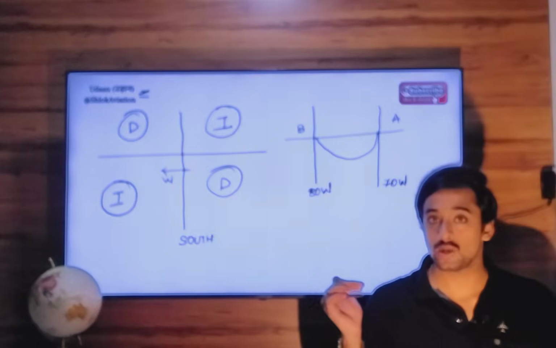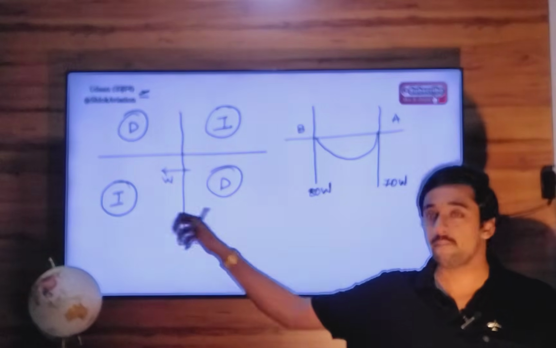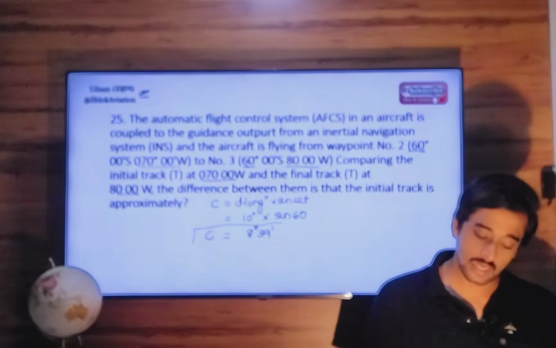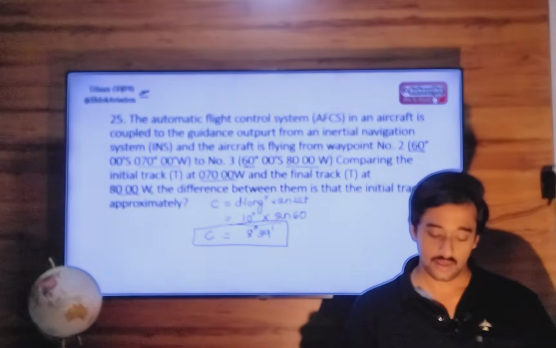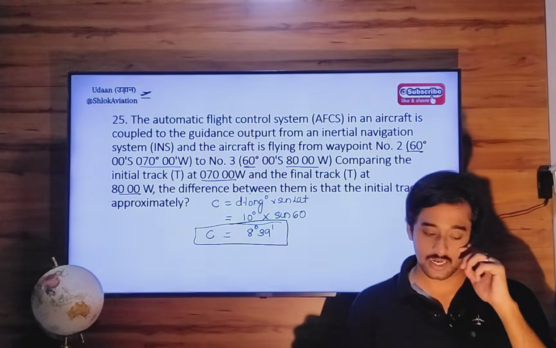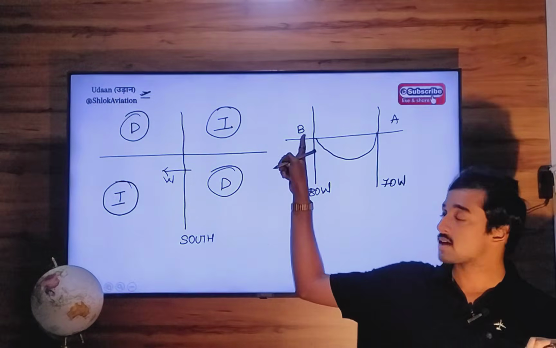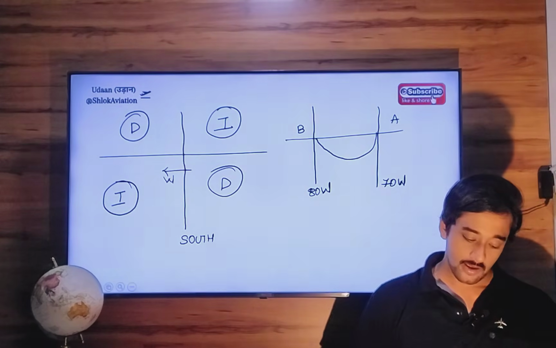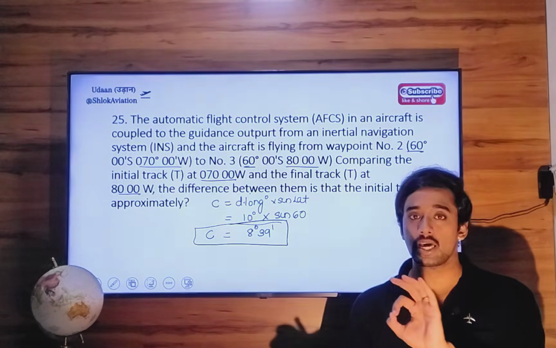So we are traveling in the westerly direction. So what will happen? Increase. So the final great circle track at B will be more than the great circle track at A by a value of 8 degrees 39 minutes.